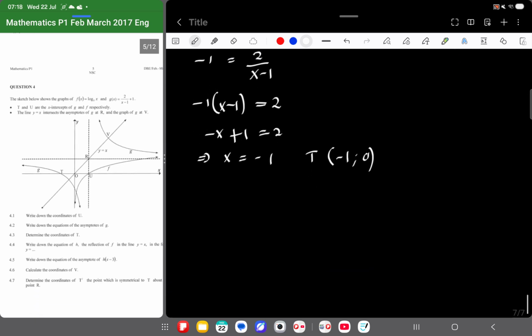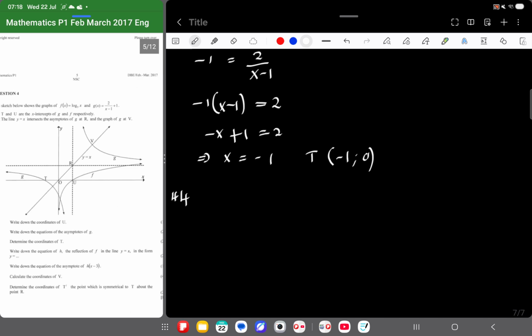Let's move on to 4.4. Write down the equation of the asymptote of h, the reflection of f about the line y = x. When we reflect about the line y = x, it simply means take the inverse of that function.